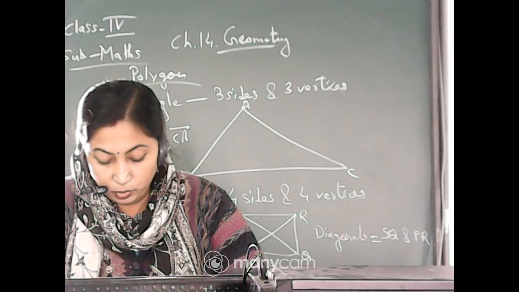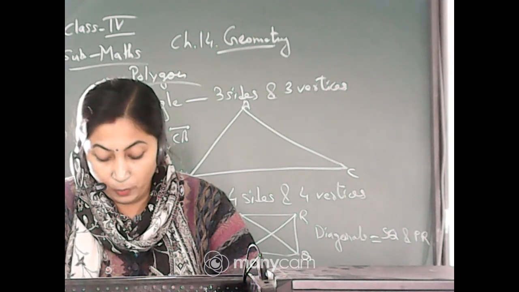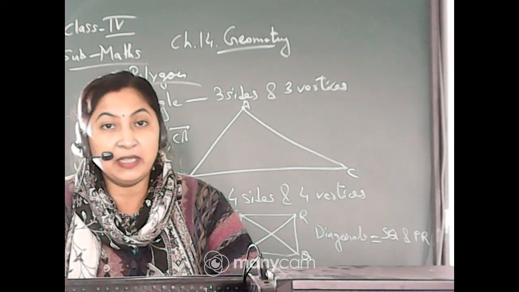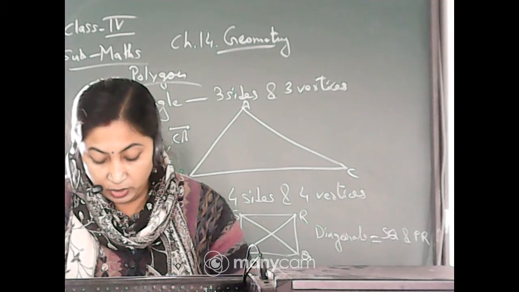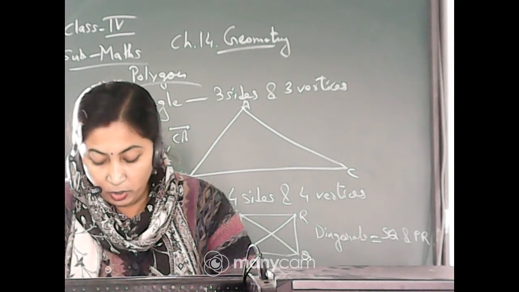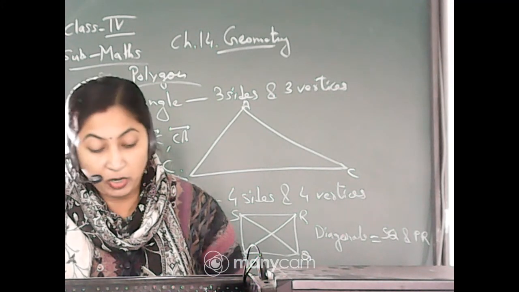Now question number 2. Which of the following figures are polygons? Number A, you can see it is a closed figure, but the line segments are not proper. There is a curved line. So number A is not a polygon. Number B is a polygon. Number C is a polygon. Number D, again a curved line, so it is not a polygon.